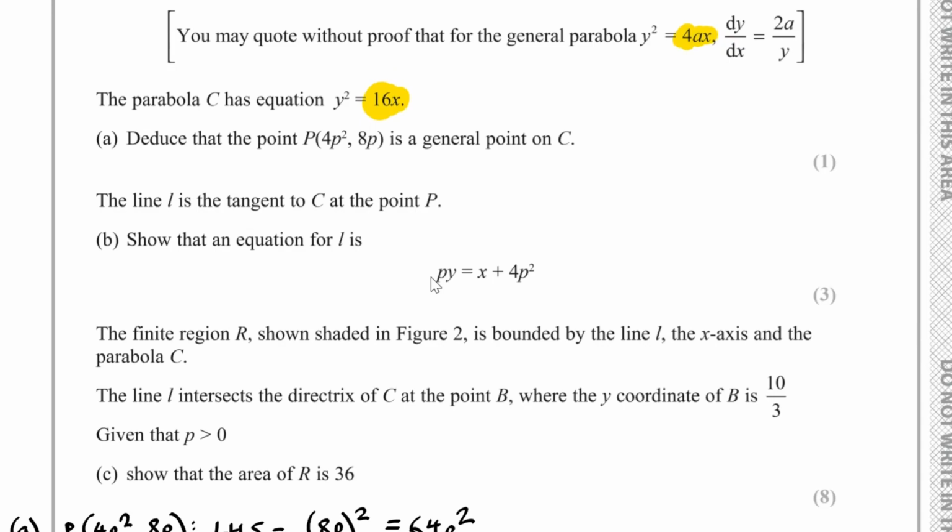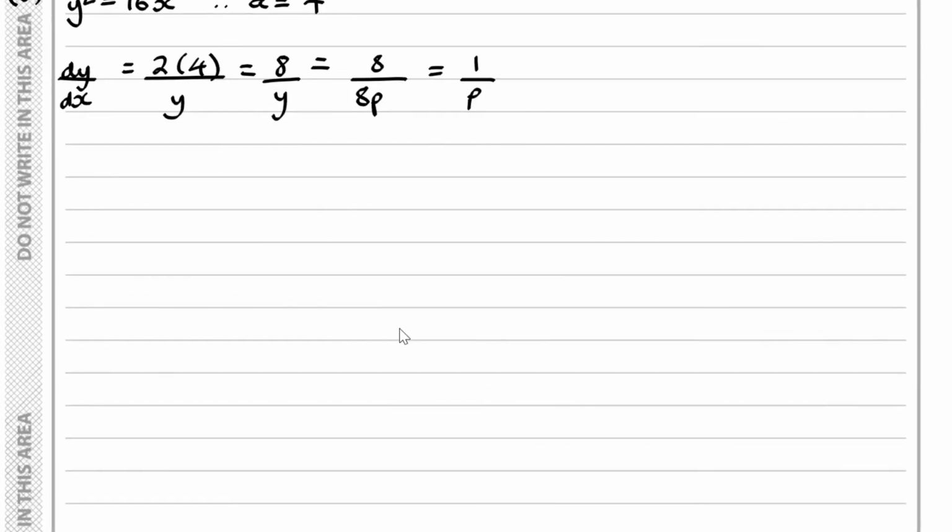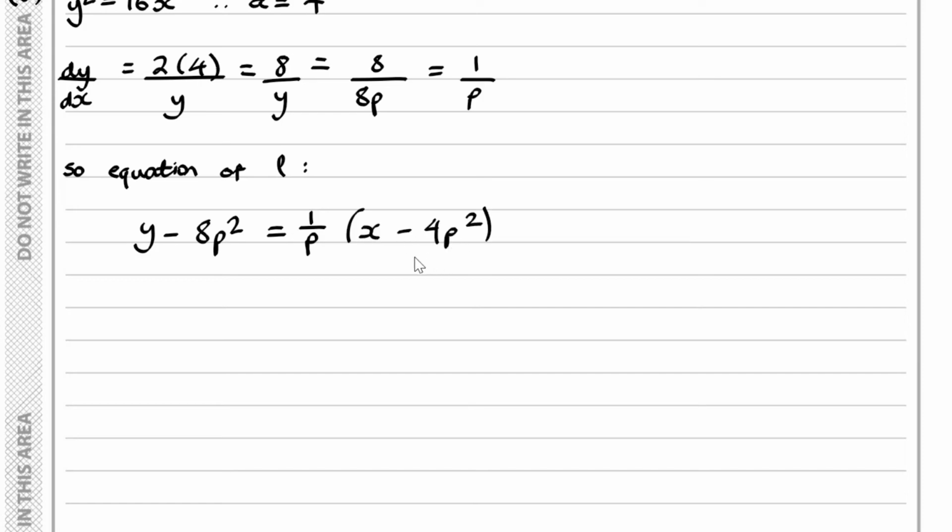Now, using y minus y1 equals m lots of x minus x1, we can find the equation for the tangent. So the equation of L: we have y minus y1, so y minus 8p equals the gradient, 1 over p, lots of x minus x1, so x minus 4p squared.